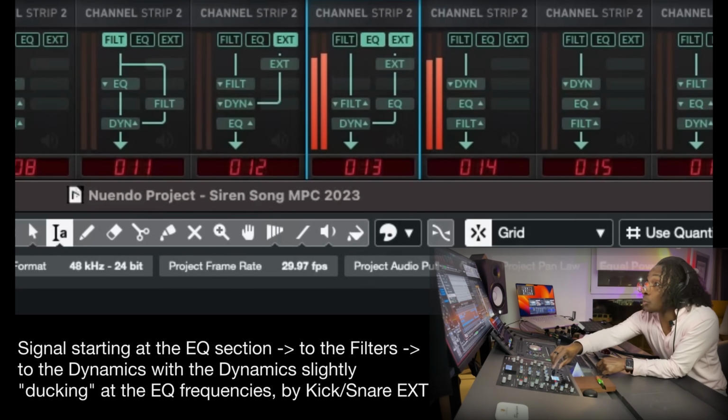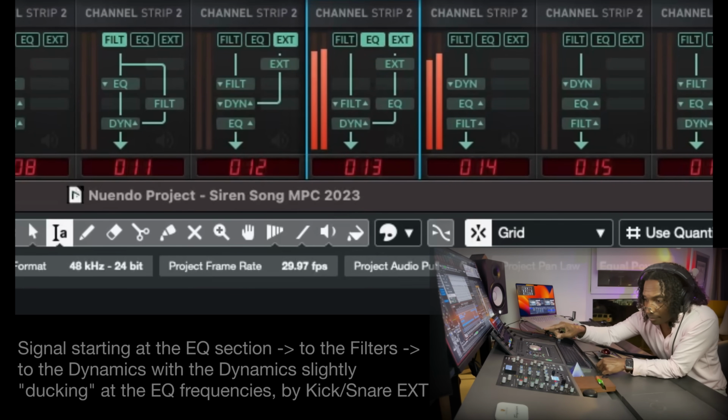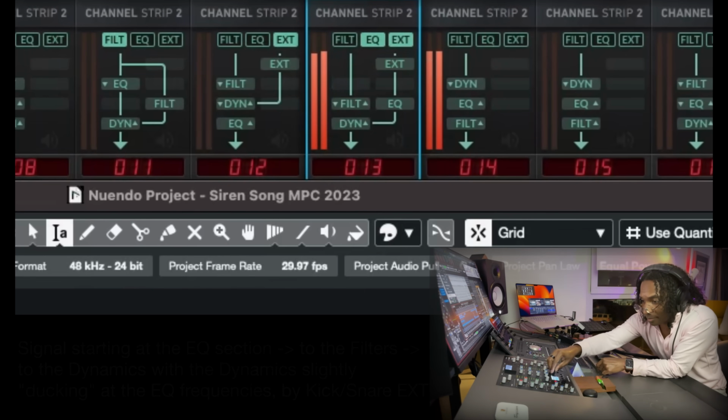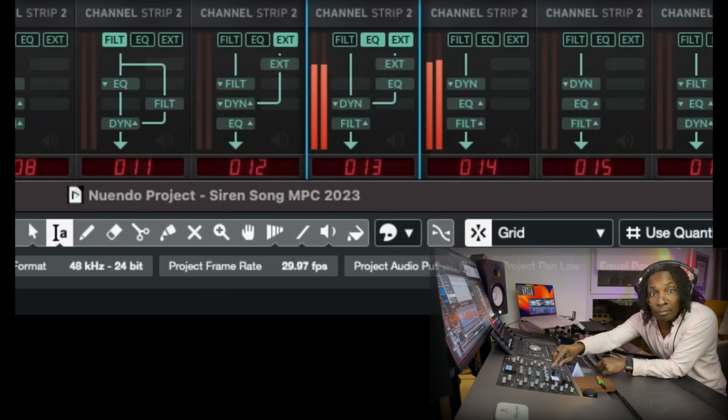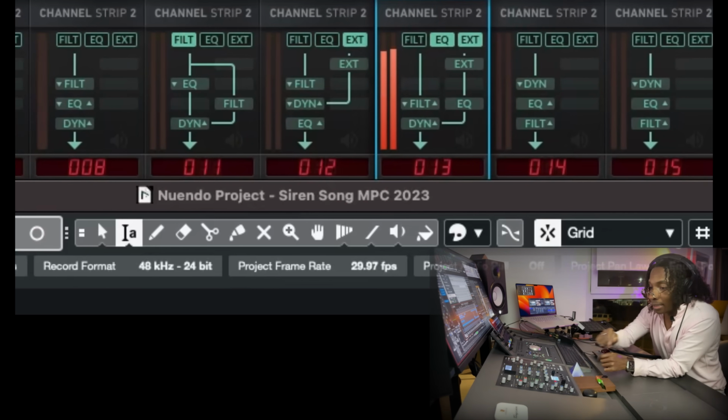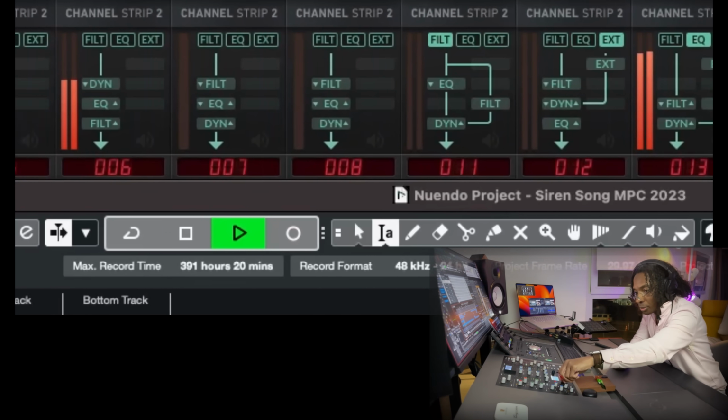I'm gonna go back to where I had it. So that's where it sits good to me. That pushes it even more forward, but I like it sitting back here. Okay, now let's go over to that snare drum that I was talking about.